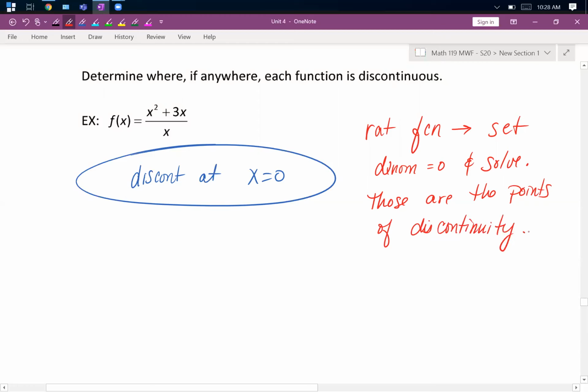Now, there's different ways to word the same question. They might ask you to determine where it is continuous. So we could either write that in interval notation, or maybe in set builder notation. And if we did it in set builder notation, we'd say it's continuous for the set of all x such that x does not equal 0.